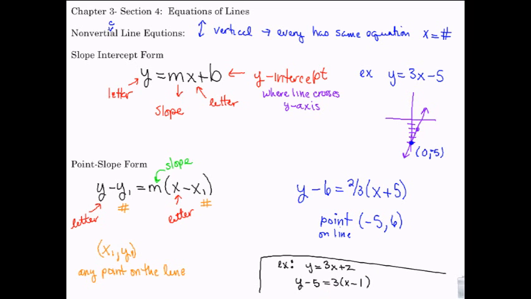This is the same line. It's just a different point on the line. This point is up 3 and over 1 from this point. That's the only difference, and I could do this with any point on the line, but it would be the same line. So sometimes the same line can look different depending on which format you're using, which point you're picking.